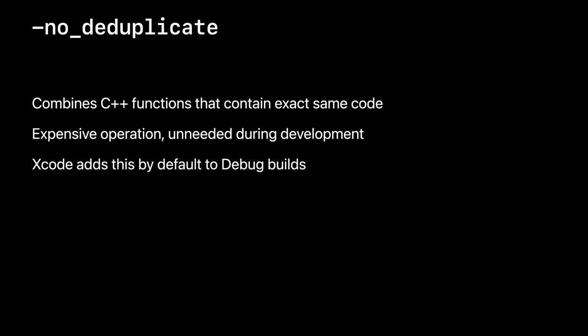Now, dedupe is a size optimization, and debug builds are about fast builds and not about size. So, by default, Xcode disables the dedupe optimization by passing -no_deduplicate to the linker for debug configurations. And Clang will also pass the no dedupe option to the linker if you run the Clang link line with -O0.